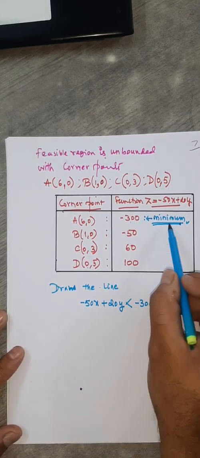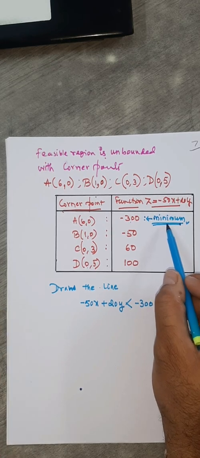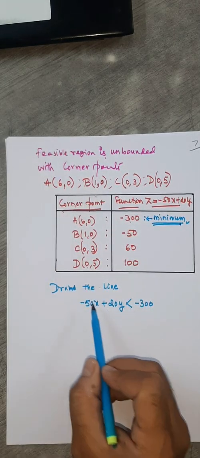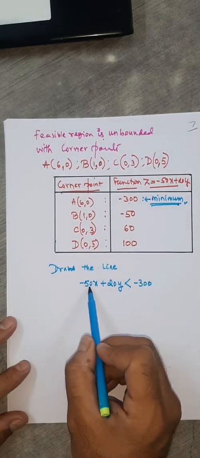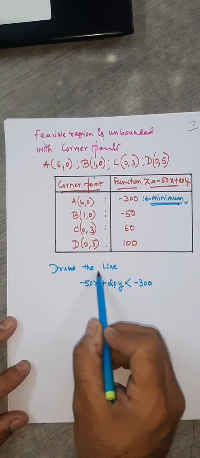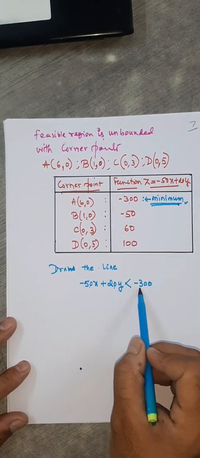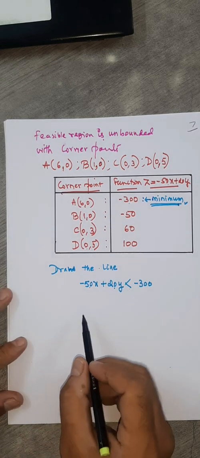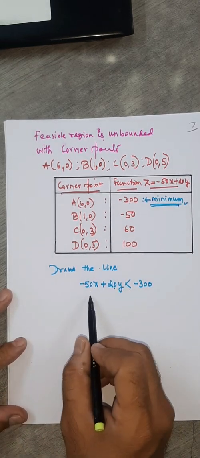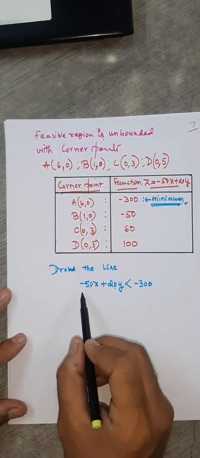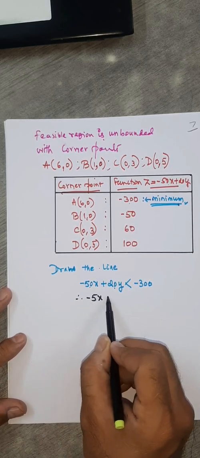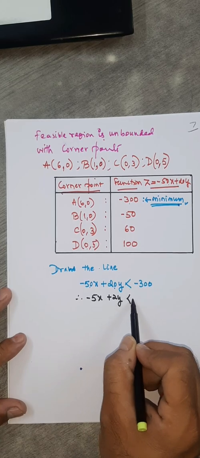If you are asked to minimize the objective function, we draw this line. Which line? Minus 50x plus 20y, this is the objective function, less than minus 300. Before you draw, you can divide by 10, so you will get minus 5x plus 2y less than minus 30.